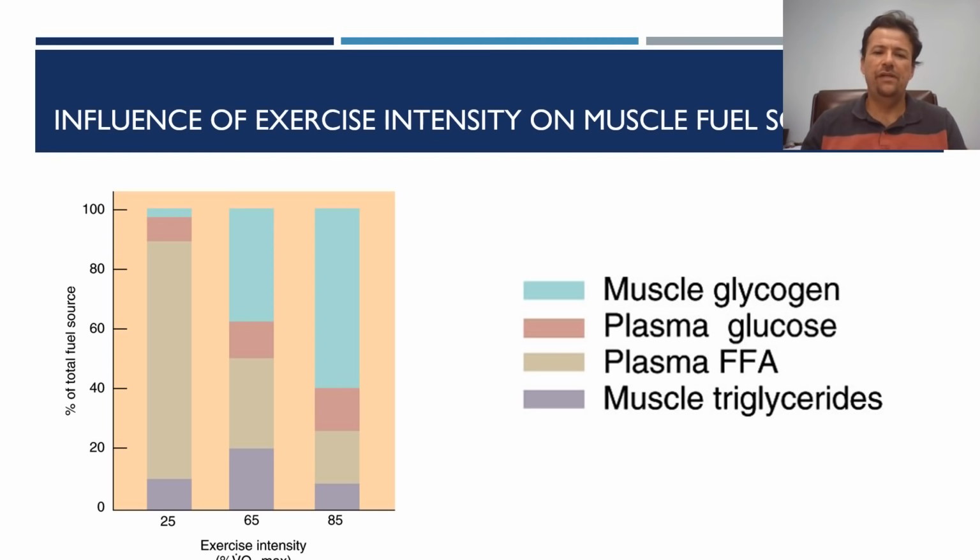And this graph here shows you, based on the intensity of the exercise, how much is coming from the different fuel sources. Again, things we've mentioned already: high intensity exercise, pulling a lot from your carbohydrates; low intensity exercise, pulling a lot from your free fatty acids in the plasma, and in between, using a combination of both. That's the crossover concept that we were talking about before.